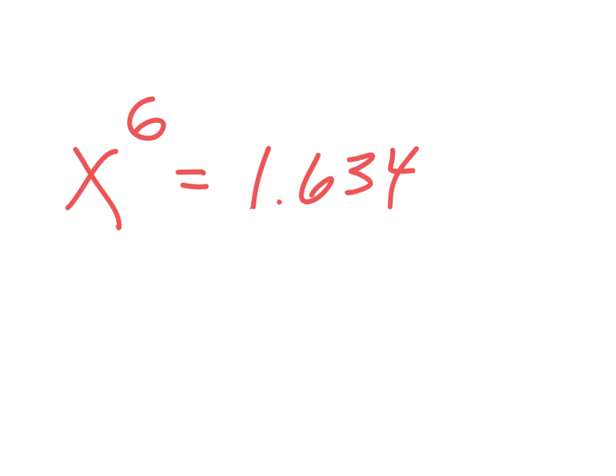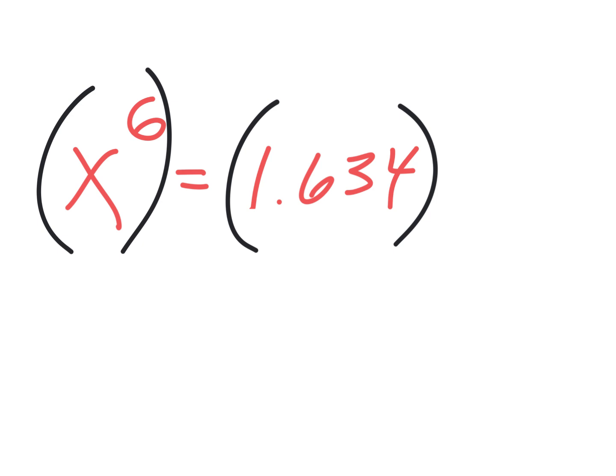But this, the calculator can solve. Do you know how to do it? All right, I'll show you. The trick is to get rid of the 6th power, you put the 6th power to a power. Does anybody want to guess what power I'm going to put it to?